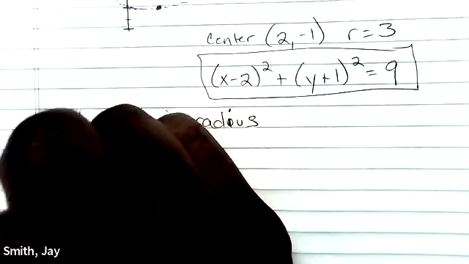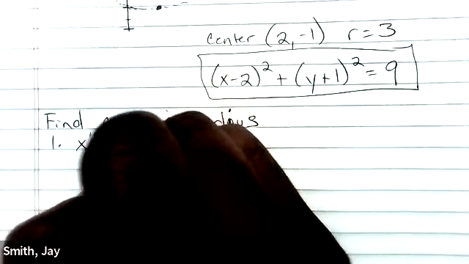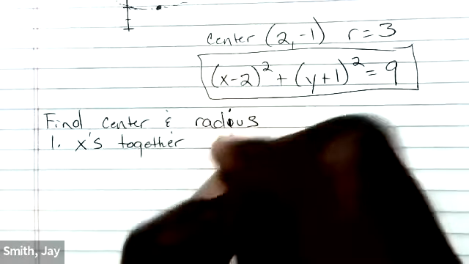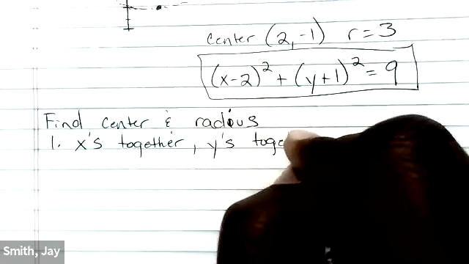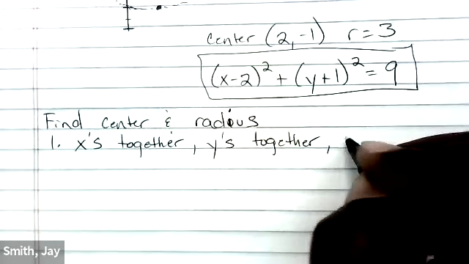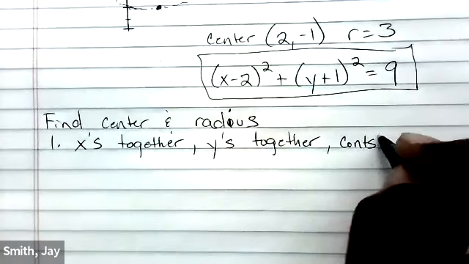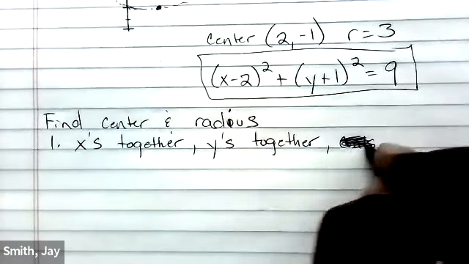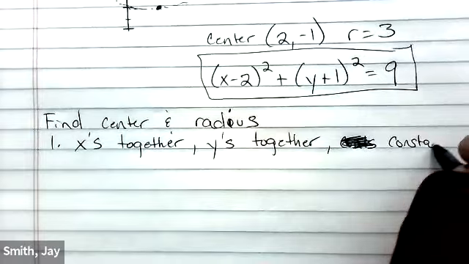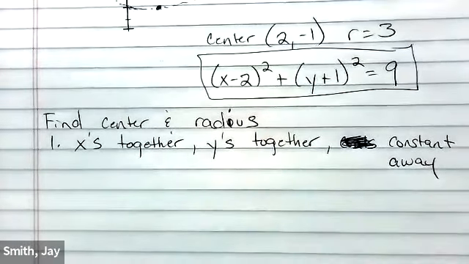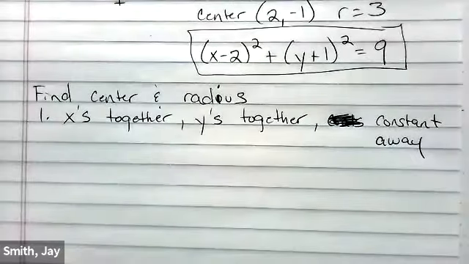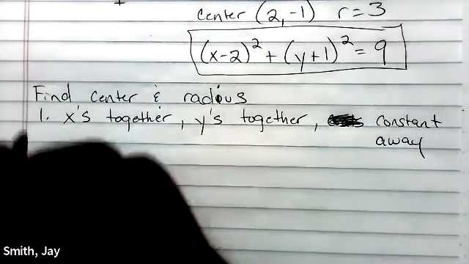So first, we're going to get our x's together, get our y's together, and move the constant away. And if that doesn't make sense right now, just write it down and it will make more sense when you see the way the problem is presented to us.